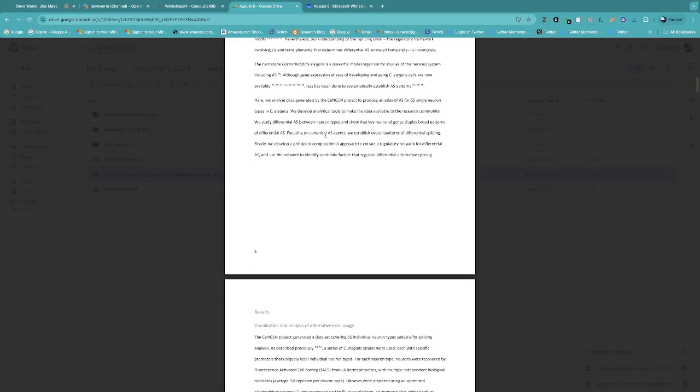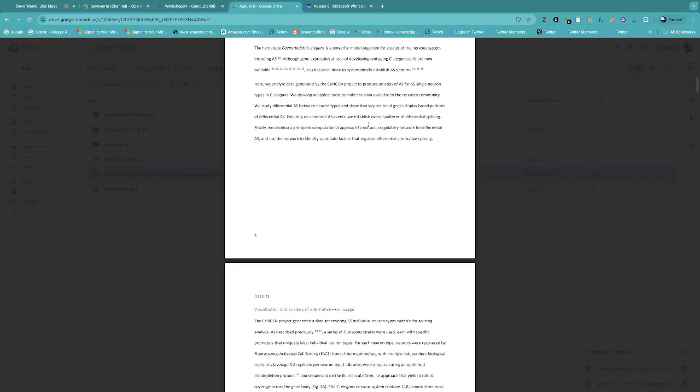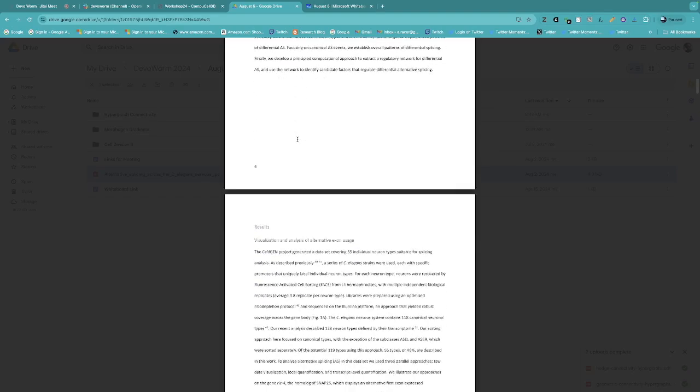Focusing on canonical alternative splicing events, they establish overall patterns of differential splicing. And then, of course, they developed a computational approach to extract a regulatory network for differential alternative splicings.